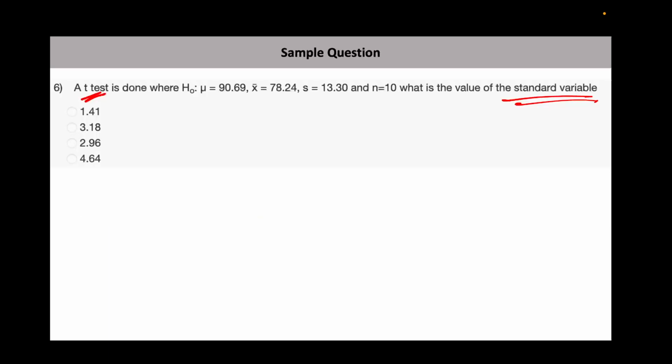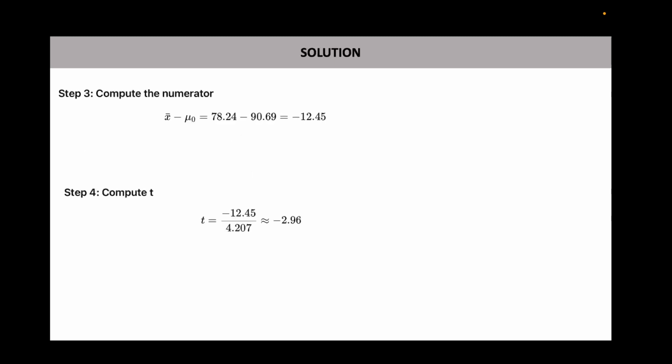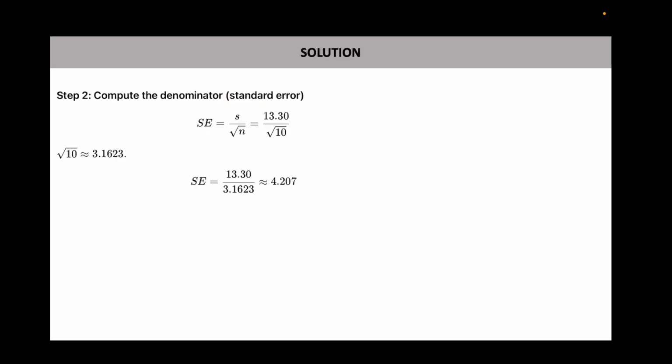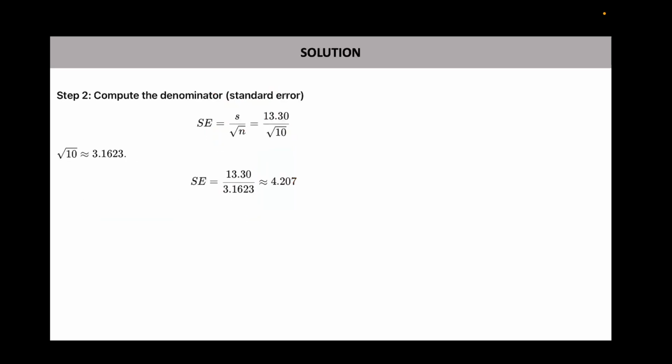Now the question is asking what is the standard variable. Your standard variable is represented by z. To calculate this, we first need to calculate s by square root of n, which is nothing but the standard error.